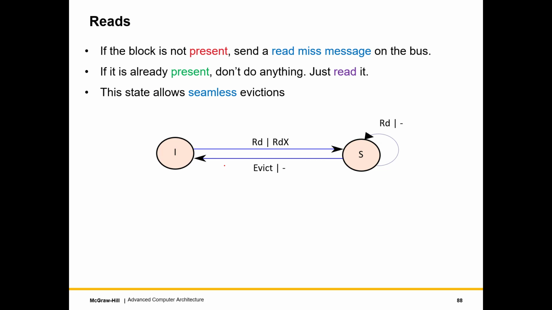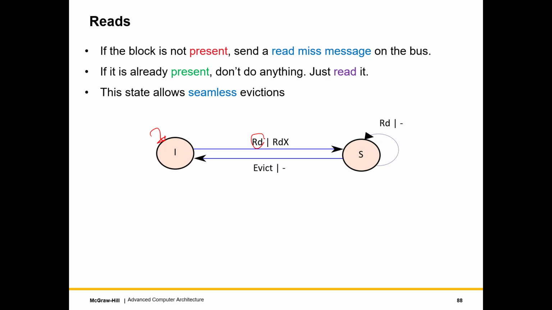So let us now come to reads. As I had promised, we will be having such kind of state machines. So for reads, if the block is not present, we send a read miss message on the bus. So let's say we come here, we find the invalid state, which basically means the block is not present.